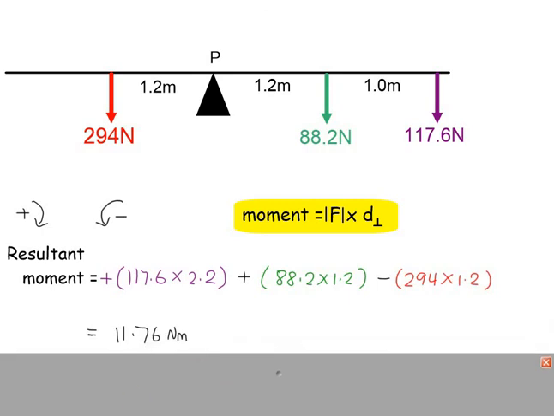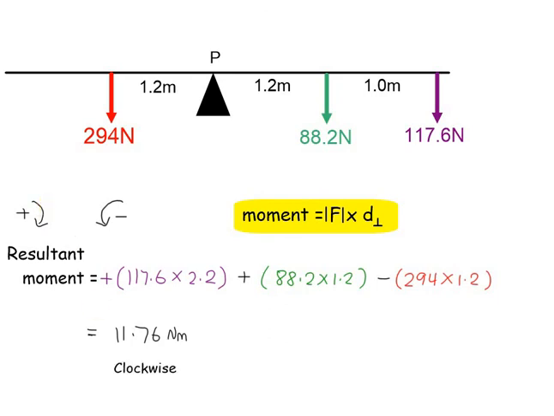Our final answer is a positive value, 11.76 newton meters. If it's positive, then we have a clockwise moment. The resultant moment is clockwise, so this side of the seesaw goes up, and this side will come down.